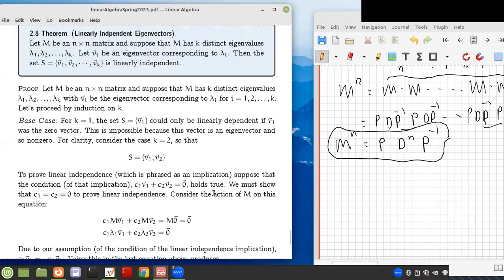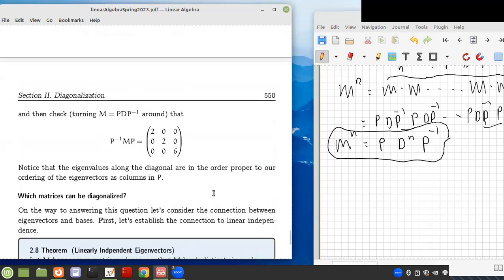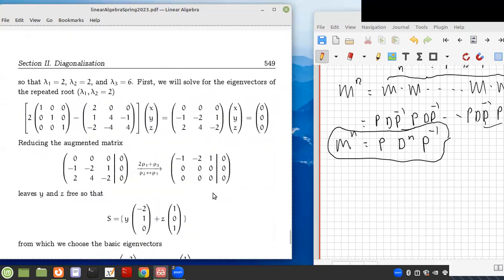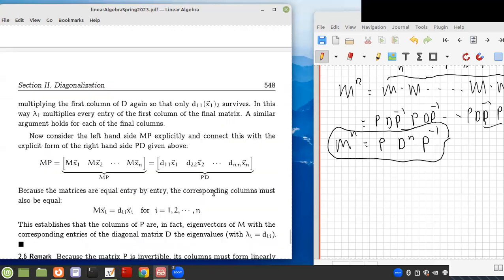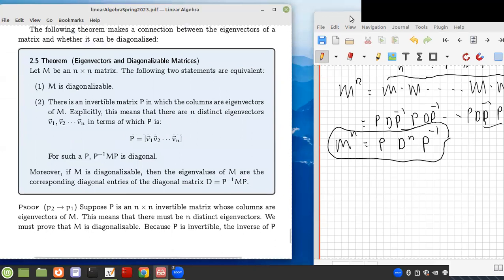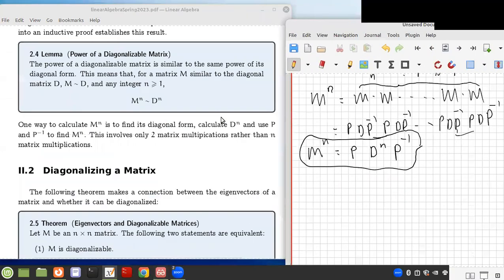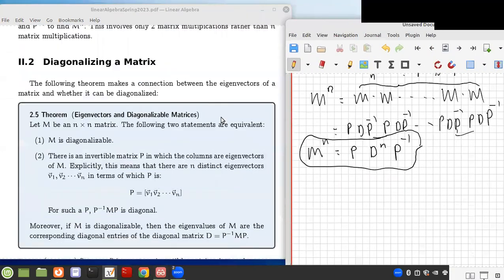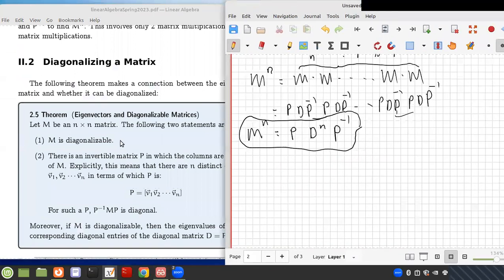Distinct eigenvalues. Okay, there's some intermediate theorems here, right? Let me make sure I get the first theorem. Okay, here's the crucial theorem. It's on page 536. So the process is we want to diagonalize the matrix.